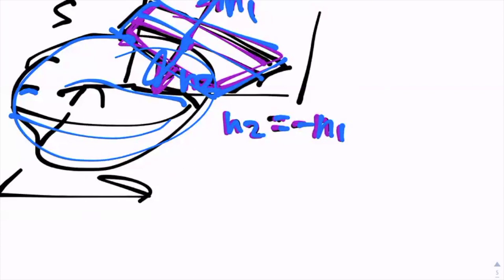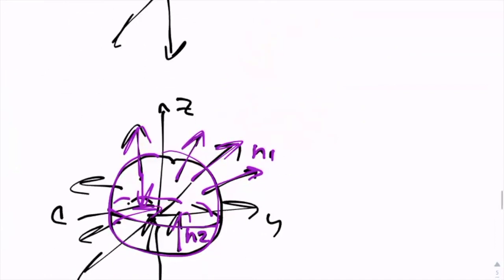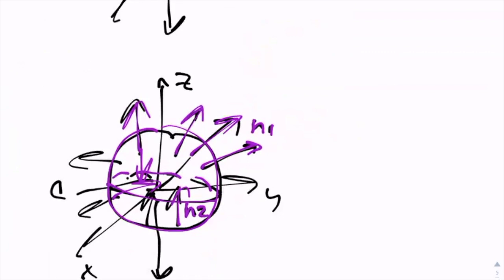Now, this is important because in order to find the orientation of a closed surface, which I will define next, we must have the unit normal vectors. Before we talk about surface integrals for vector fields, let's talk about what closed surfaces are.